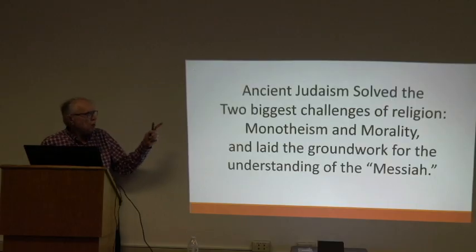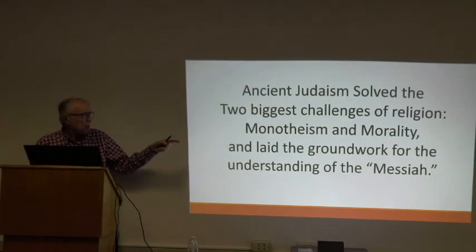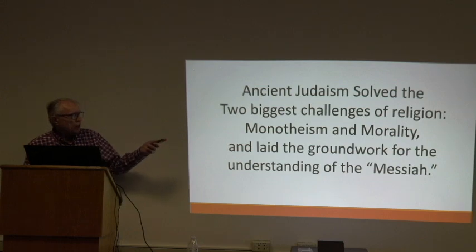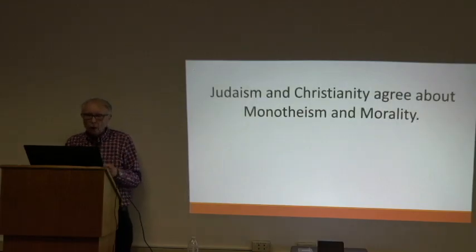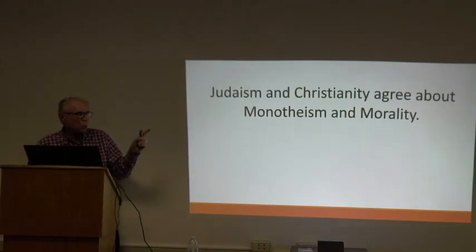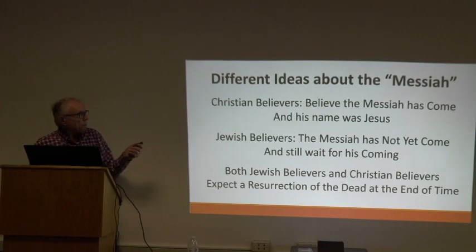And ancient Judaism solved the 2 biggest challenges of any religion, monotheism and morality, and laid the groundwork for the understanding of the Messiah. Judaism and Christianity agree about monotheism and morality. They have different ideas about the, quote, Messiah.